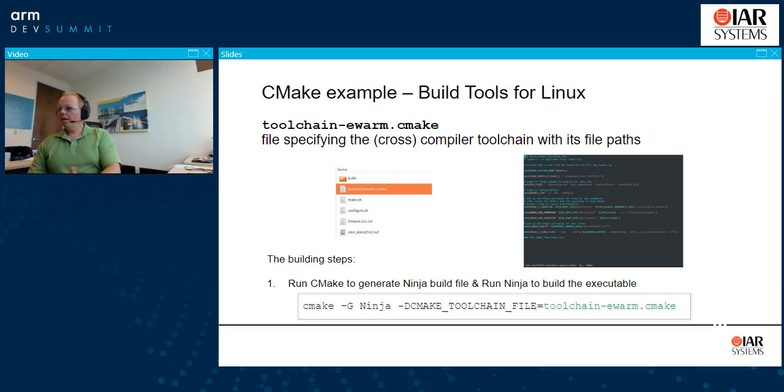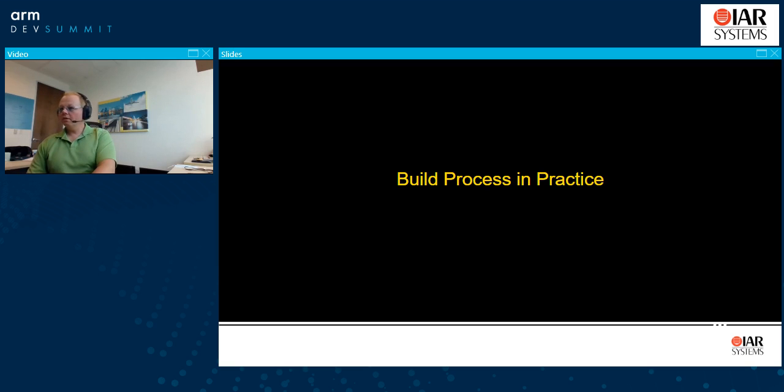Next up, a CMake example with build tools for Linux. This just shows you the command line invocation for this and how CMake would work. So if you want to use CMake in your build process, you can certainly do that as well. What I'm going to do is show you some build processes in practice.